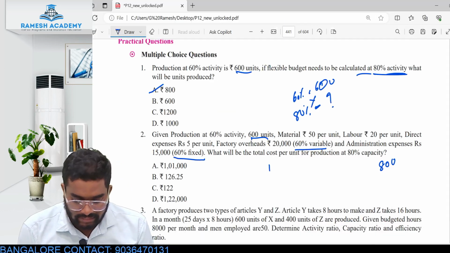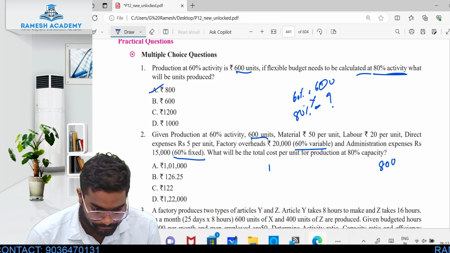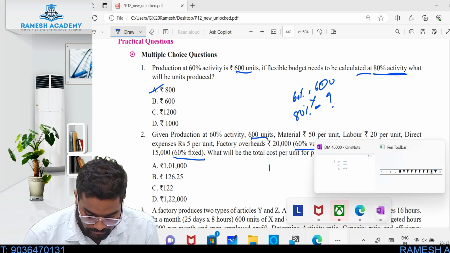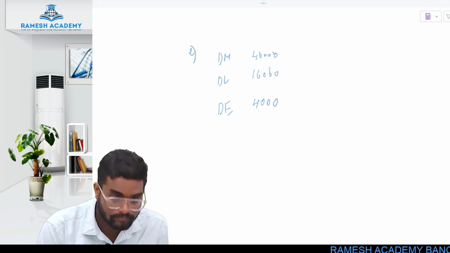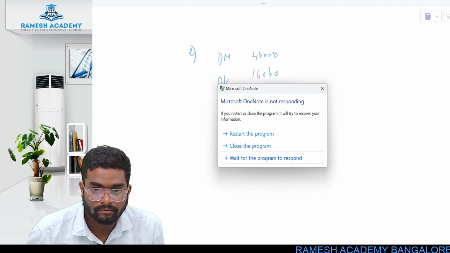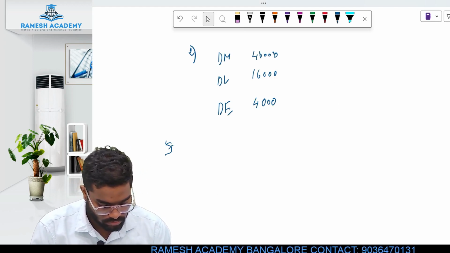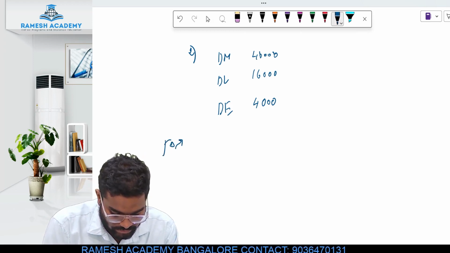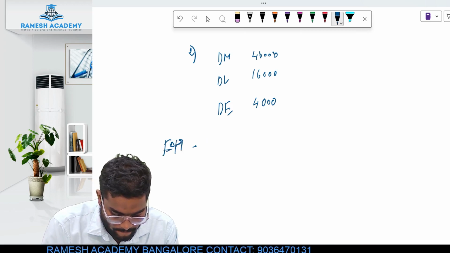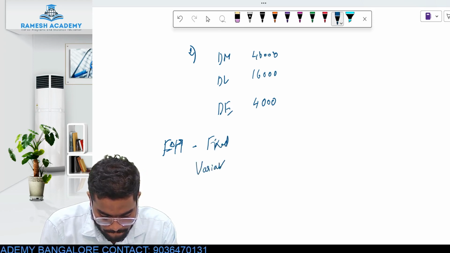So for overhead, they are telling that the overhead is 20,000, in that 60% is variable, which means 40% is fixed. So I will make a note of it. We have fixed overhead and variable overhead.